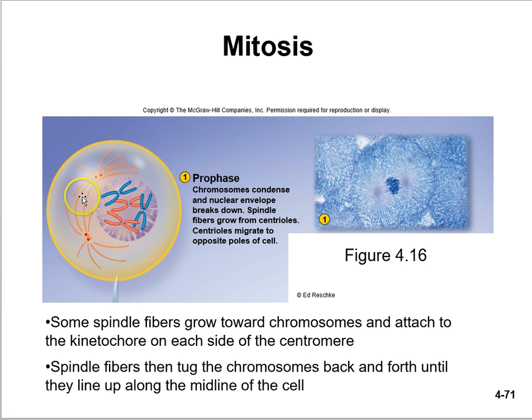We can see the mitotic spindle. Here's the centrioles right there. Nuclear envelope is starting to go away, and we have our chromosomes appearing as sister chromatids visible within the area. Here we see 4 chromosomes instead of the 46 that a normal human cell would have.